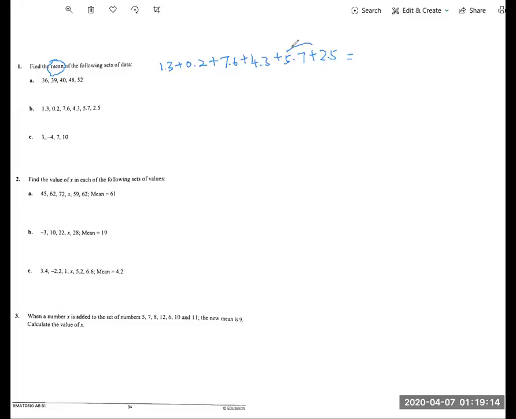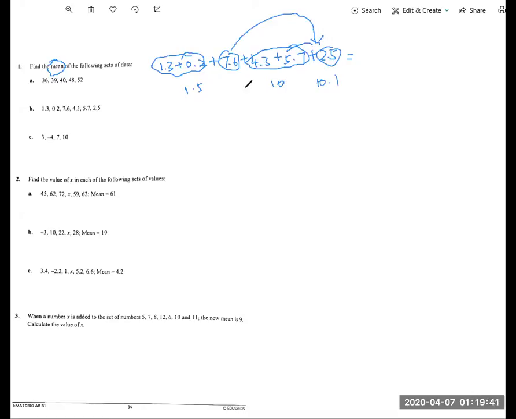This add together gives you 10. This add together gives you 1.5. And this added with this 2.5 will give you 10.1.